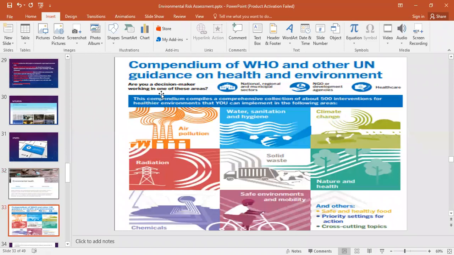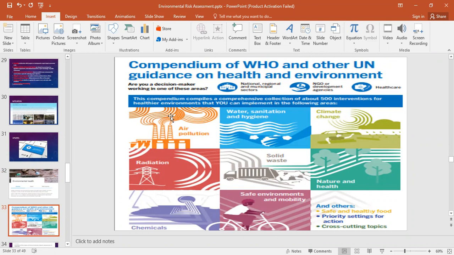There is a compendium of WHO and other United Nations guidance on health and environment. This compendium is a comprehensive collection of about 500 interventions for a healthier environment that you can implement in the following areas.